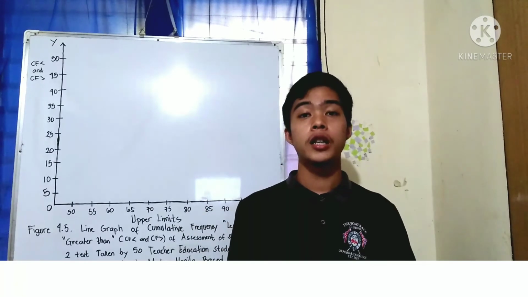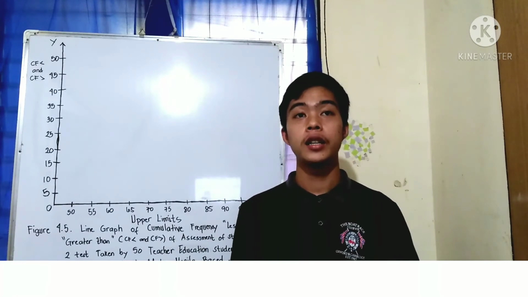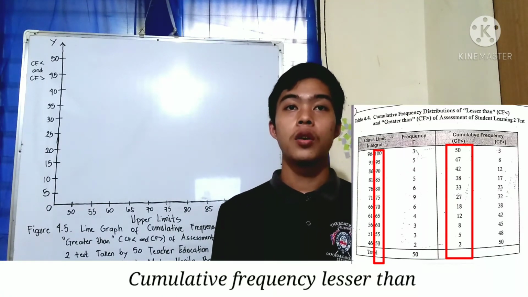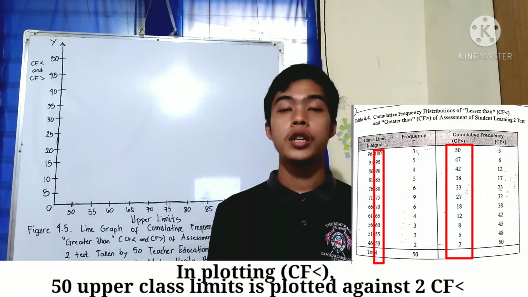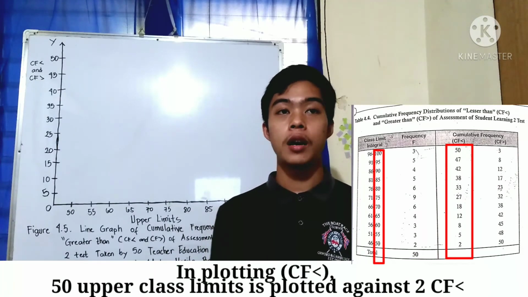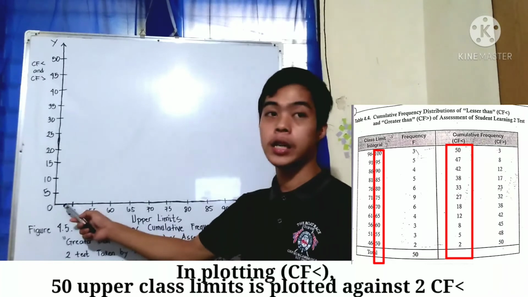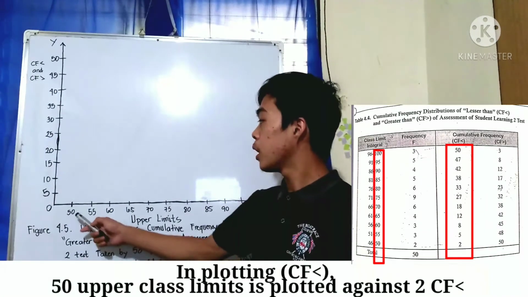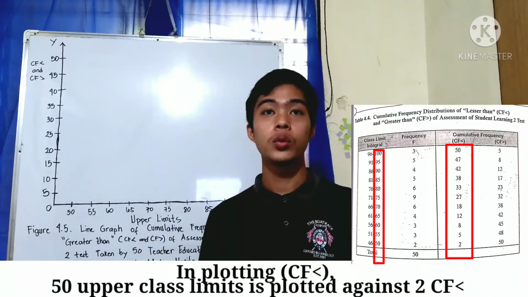Now let's start plotting the dots in our cumulative frequency lesser than. In the cumulative frequency lesser than, at the upper class limit of 50, you will plot 50 against 2.